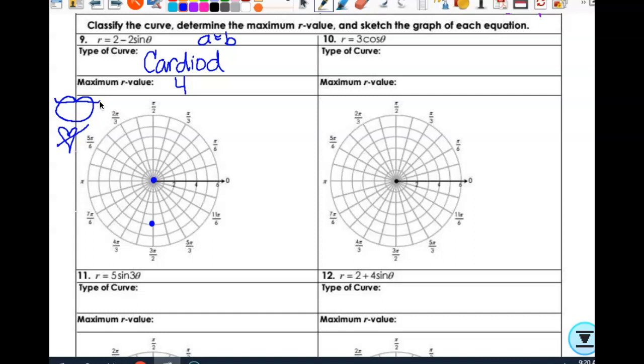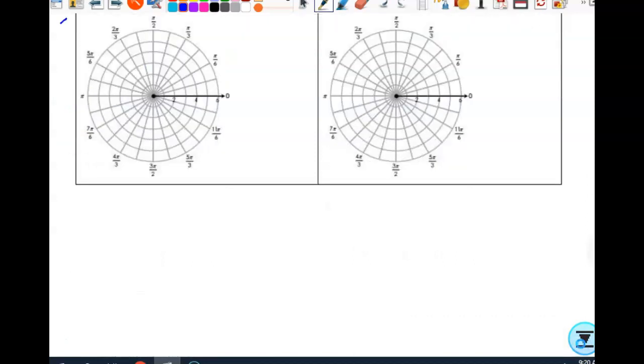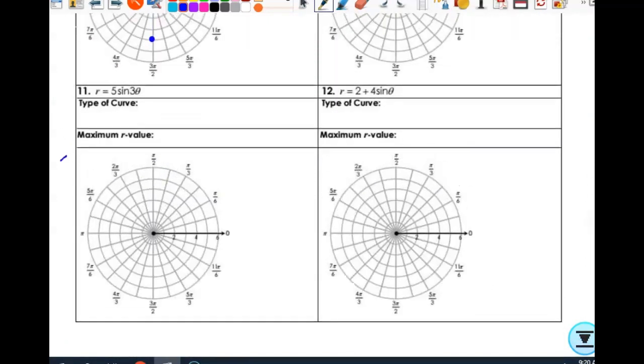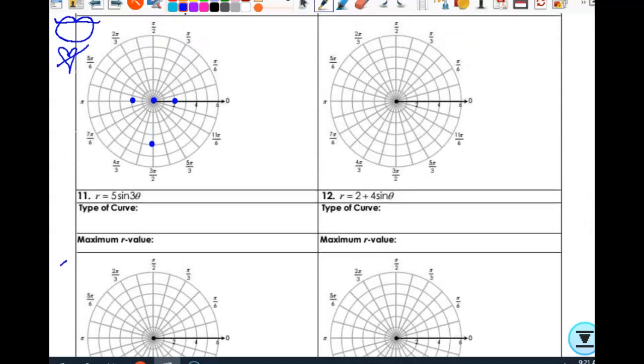So I know it will intersect my pretend x-axis, so if I substitute in my angle of 0, sine of 0 is 0, so I just have 2 minus 0, which is 2. Everything is symmetric, so if it's 2 over here, it's 2 over there. And then those points are going to help me to sketch my graph. Now, remember that it does not look like a heart that you would actually try and draw on purpose.